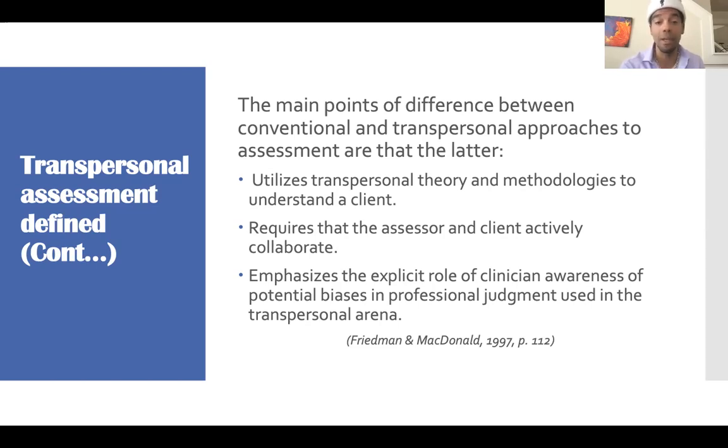Transpersonal approaches to assessment emphasize the explicit role of clinician awareness of potential bias and professional judgment used in the transpersonal arena. So within all of the arenas of psychotherapy and all of the approaches, there ought to be, or there should be, an awareness by the clinician of potential biases. And in all of the licensures and certification programs in Colorado, that is a requirement. Yes, you take a specific course, but this is like other practices.